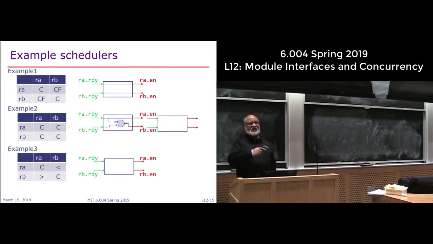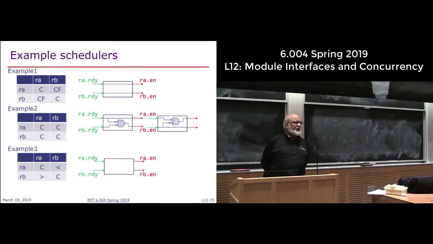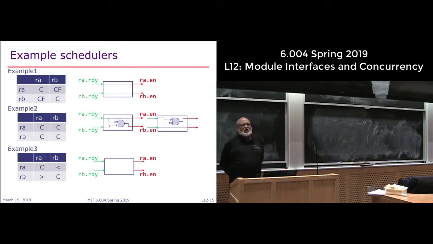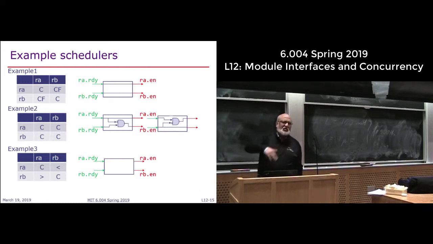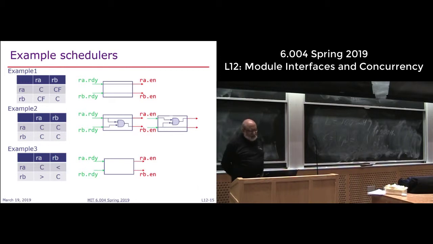But if both are ready, only RA will go. So in some sense, I'm giving a priority to RA, but I could have easily designed a different scheduler like this, which gives priority to RB. RB will go and it will block RA from executing. So this is a choice the compiler makes for you. It'll probably give you a warning saying that there is a choice here. What do you want, right? If you don't say anything, then it picks the order in textual order, whatever order you wrote it in.